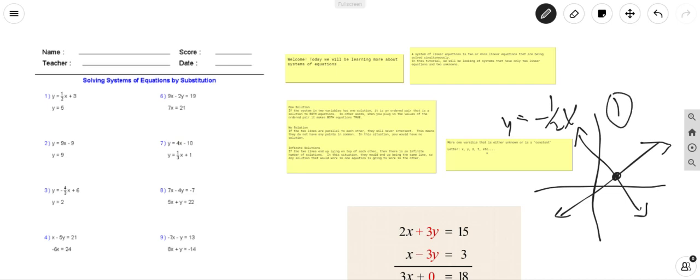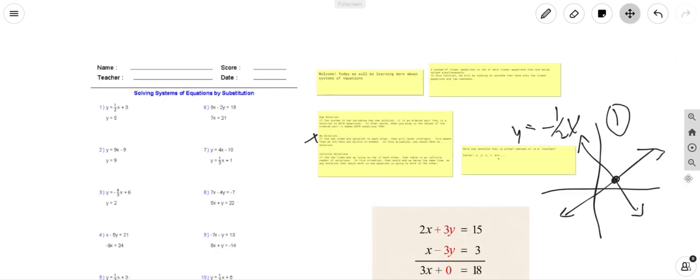So no solutions would mean that the lines don't intersect at all, no matter where or how. The most obvious way this could happen is if the lines are parallel to each other.